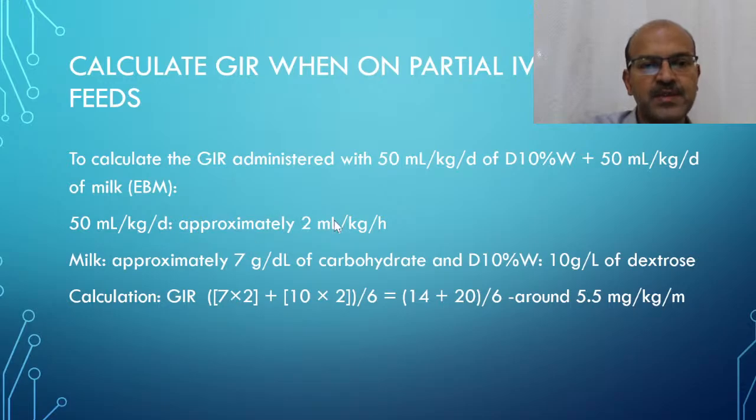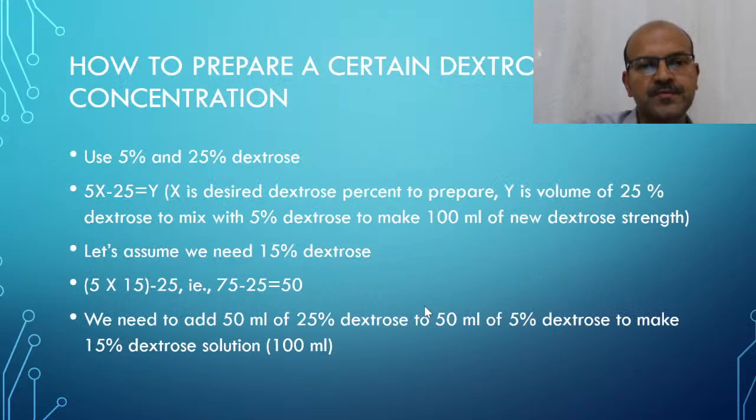So 7 times 2 ml per hour plus 10 times 2 ml per hour. If you're using say 70 of dextrose and 30 of feeds, you would change this accordingly. The ml per hour you have to calculate for those individually and use that in this formula, divided by 6, using the same formula as before. So here it is 14 plus 20 by 6, which is around 5.5 milligrams per kilogram per minute.